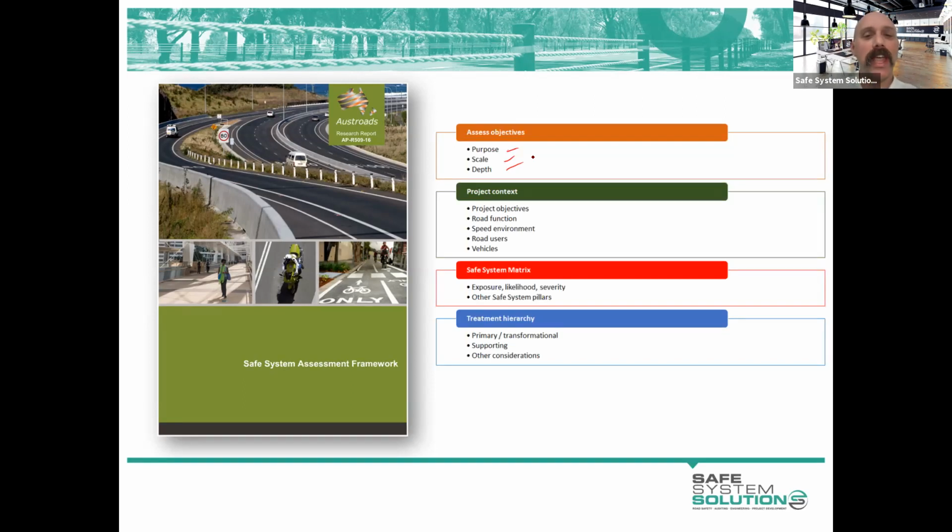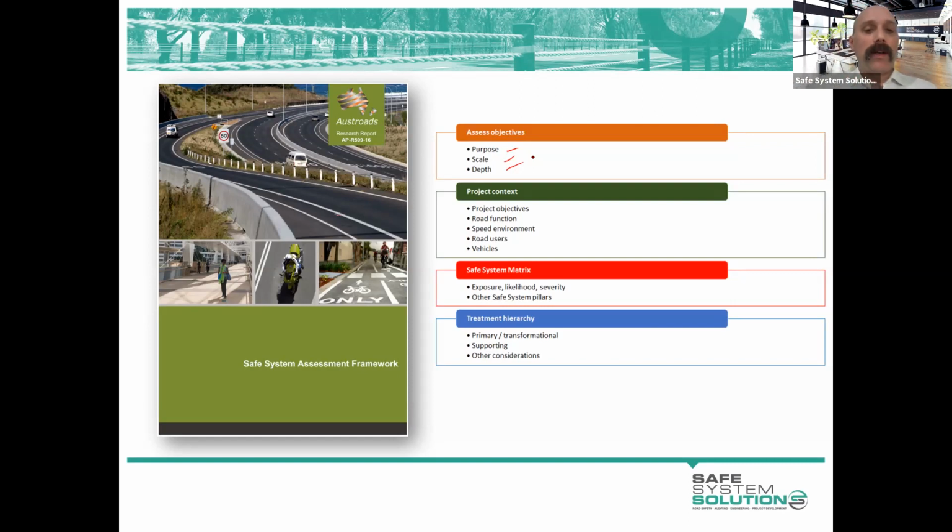They certainly have the ability to be done on remote communities, on mining sites, on whole programs, for example. So you can do a whole lot of things with it. The majority of safe system assessments are done on an infrastructure project that's being planned, be that a congestion management project, a public transport project, a road safety project, or whatever the purpose of it is, but that's the majority.